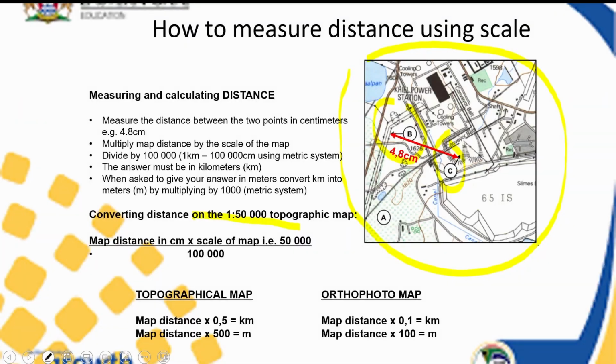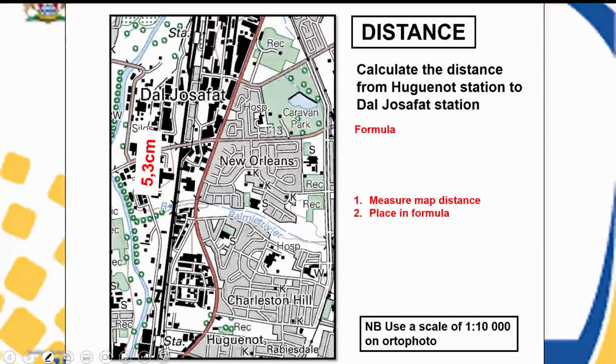Then you have to convert that into kilometers, because your answer should be in kilometers when you are calculating distance. So the distance between B and C, as you can see, is 4.8 centimeters. Then it means that you have to multiply that 4.8 centimeters by 0.5 kilometers. Then you will get your answer.